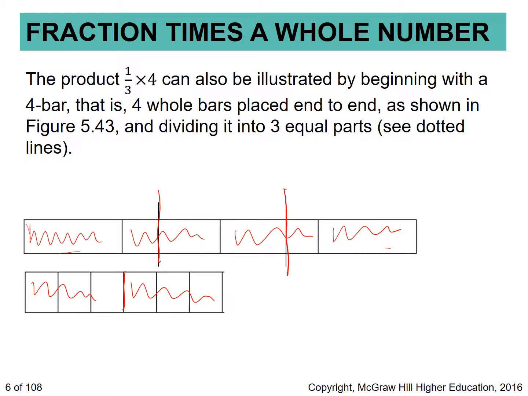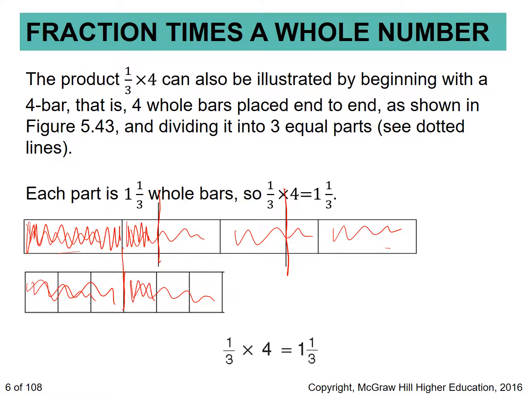What's a third of the region that's shaded? Well, it's this whole bar and this part of another, and so I can see that it's a whole bar and then 1/3 of the second bar. So we have 1/3 of 4 is 1 and 1/3. We can also say that 1/3 of 4 is 1, 2, 3, 4 thirds. Either way you want to write that, you can.